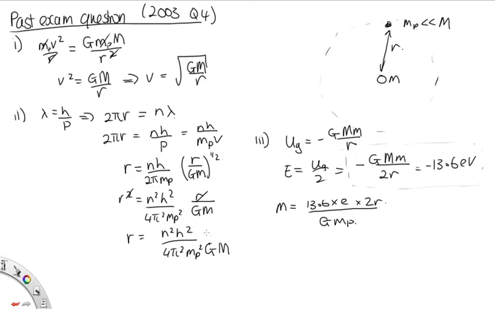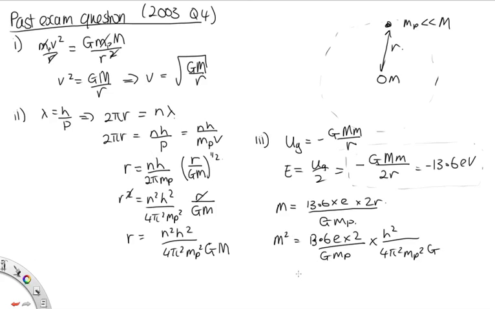Now r is given by this expression here, so this is equal to 13.6 e times 2 over G times the mass of the proton times n squared. This is the ground state, so that's 1. So it's h squared over 4 pi squared m_p squared G now times M. So let's put this as M squared.